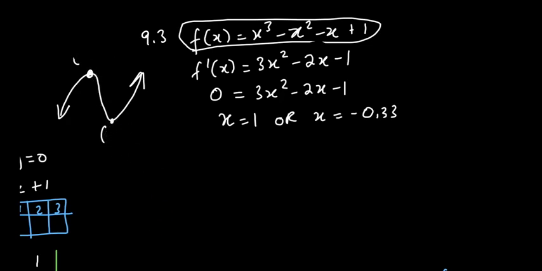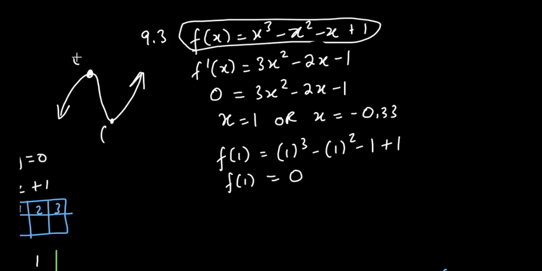Okay, so now let's fix that real quick. It means we would have to get f of 1 instead of that. So f of 1 would be 1 cubed minus 1 squared minus 1 plus 1. So that answer will be 1 minus 1, which is 0, and then 0 there. So you get 0 as your f of 1. It means when x is 1, y is 0.